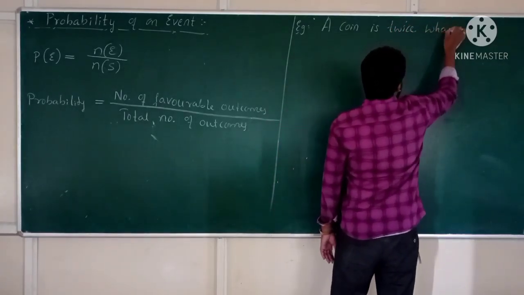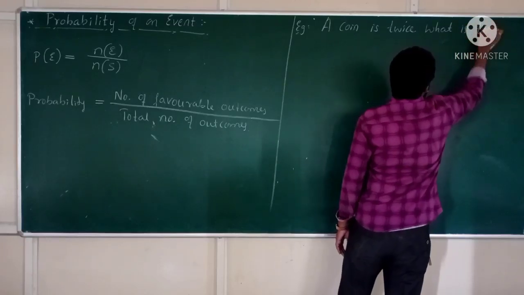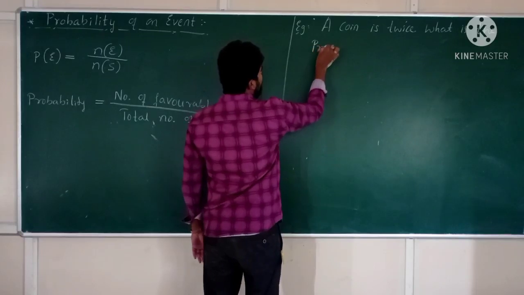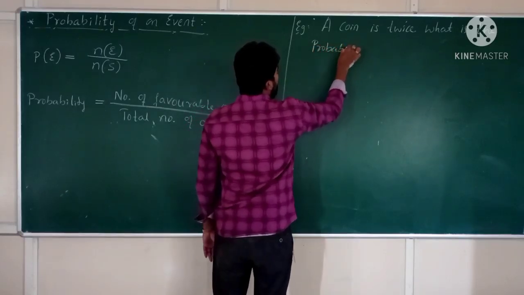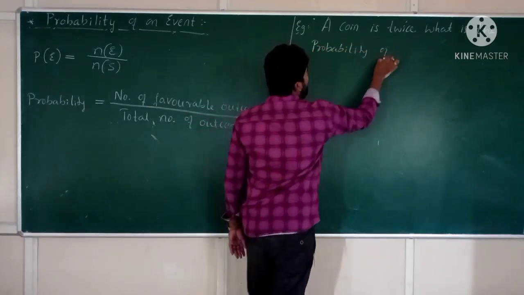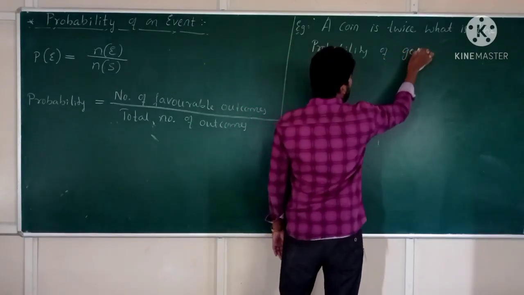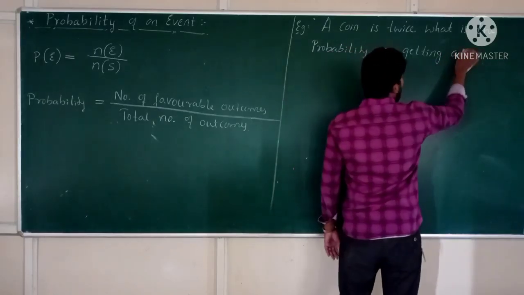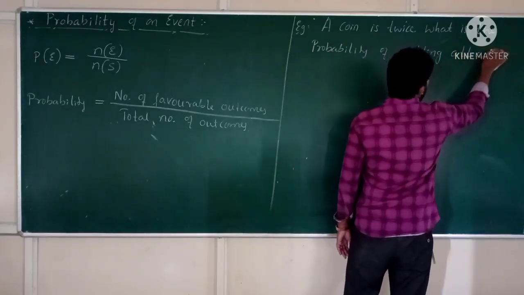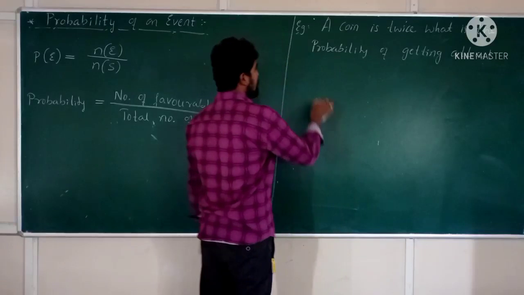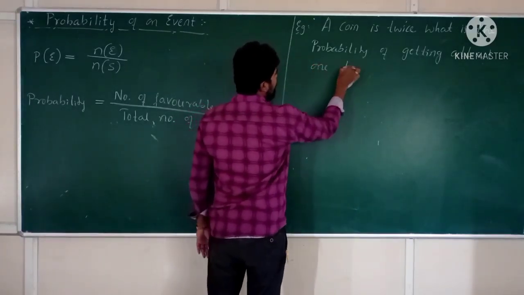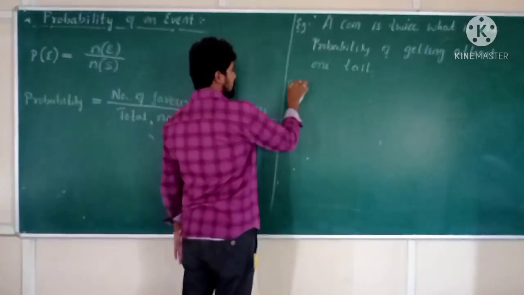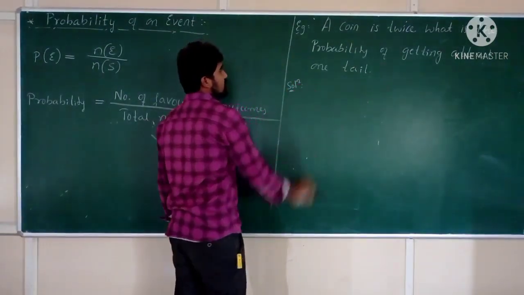What is the probability of getting at least one tail? Now let us start the solution.